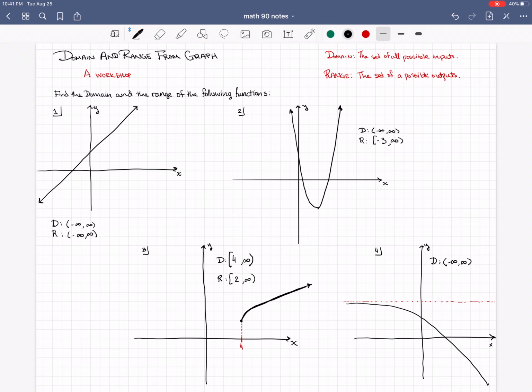So I'm very curious what you all thought about the range. If we do the same thing, right? If we kind of trace up along the y-axis, so far so good. Like for a long time there, you're totally fine.